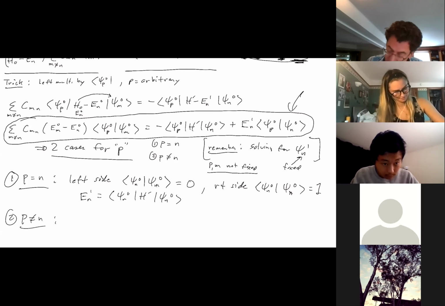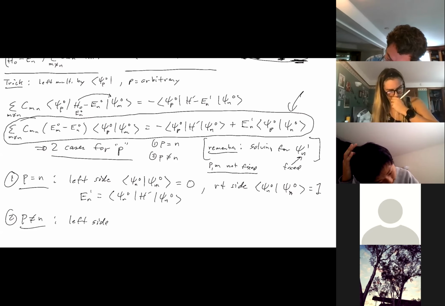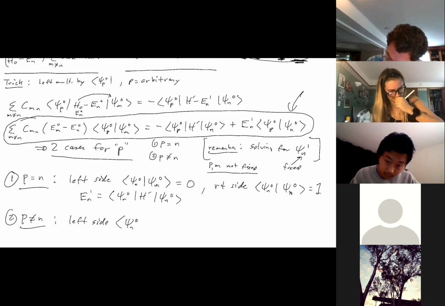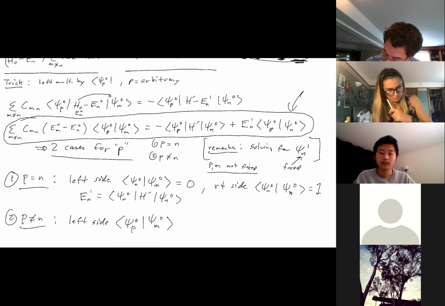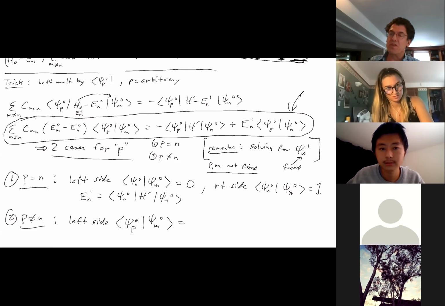And so when P does not equal N, now if I look at the left side, I'm sorry, let's get this right. On the left side, I have psi p naught, psi m naught. And p does not equal n. And so what does this equal? Remember, these are normalized.